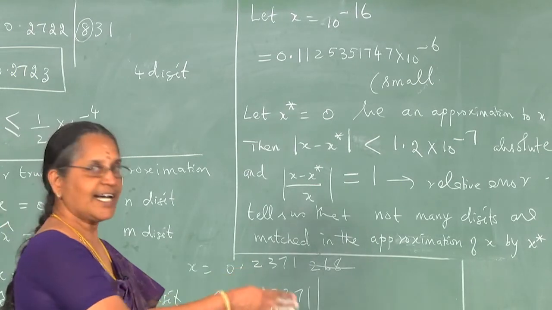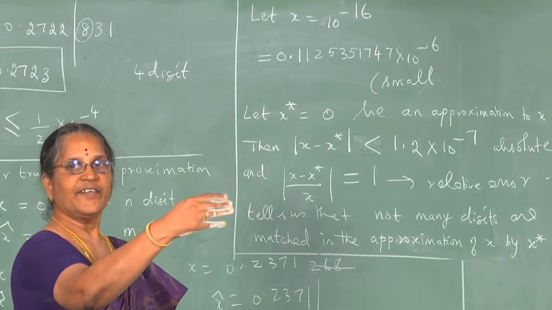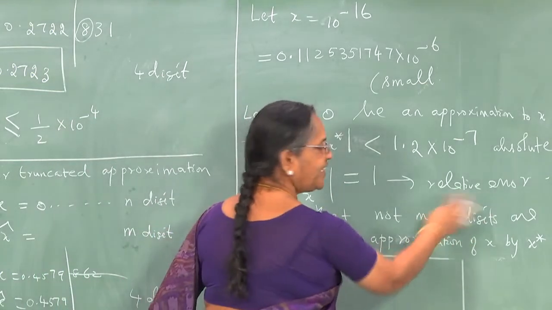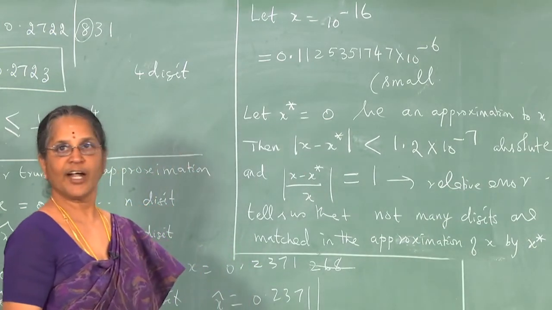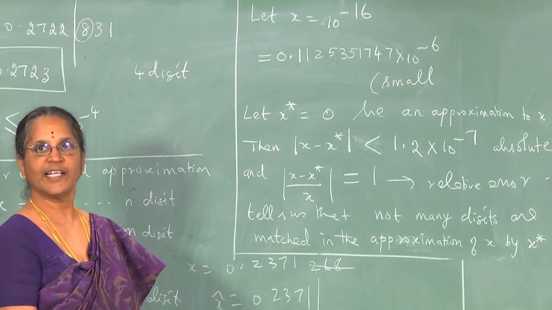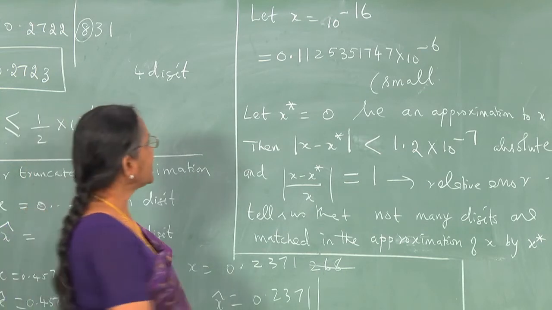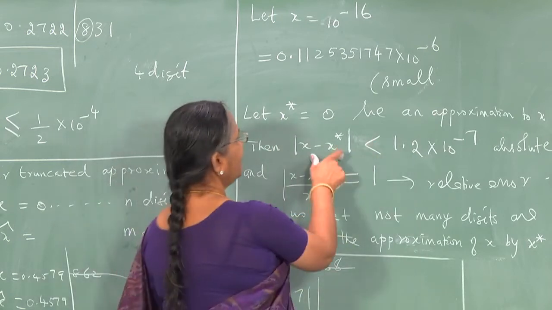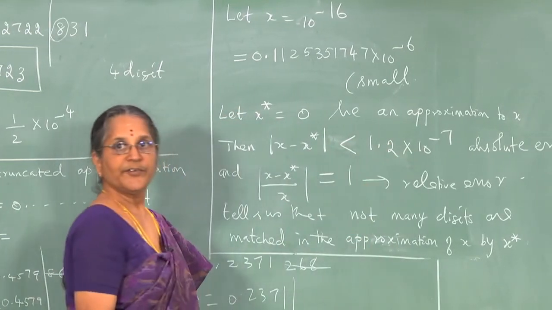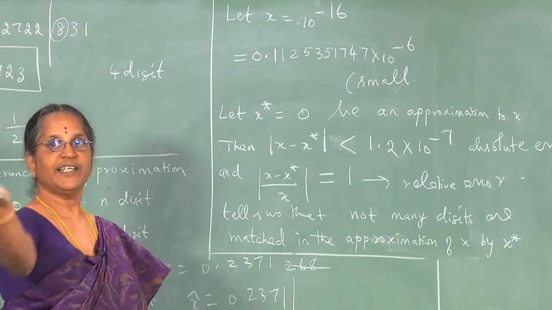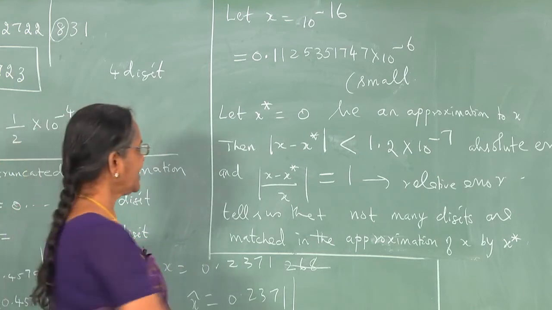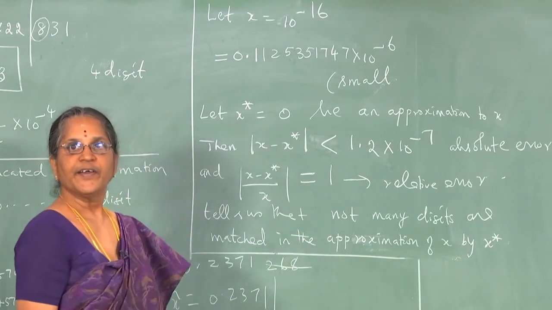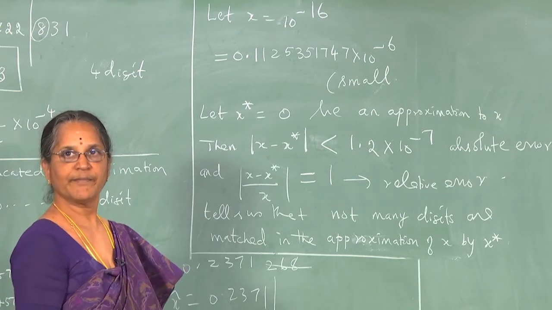So, your x star and x are not matched. Namely, many of the digits in x and x star are not matched with each other. That is what the relative error tells. Whereas, when you look at the absolute error, it says that the difference is very, very small. So, it looks as though many of the digits are matched, whereas that is not true, as given by the information from the relative error.